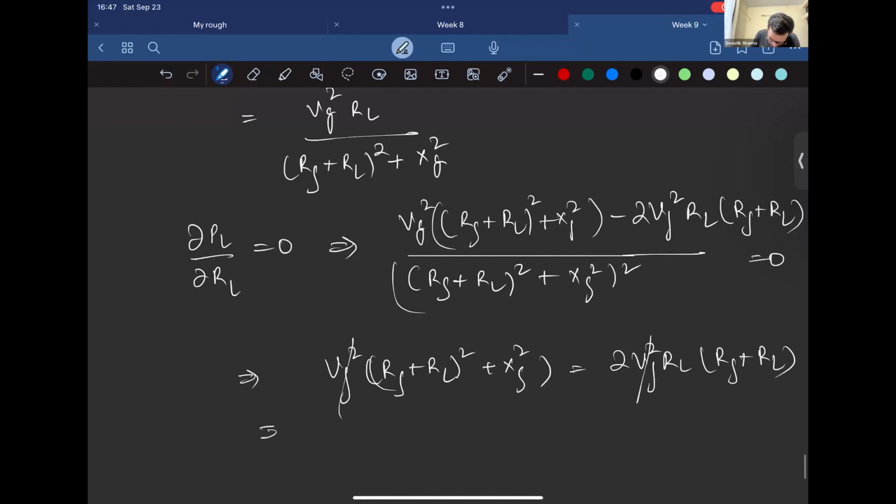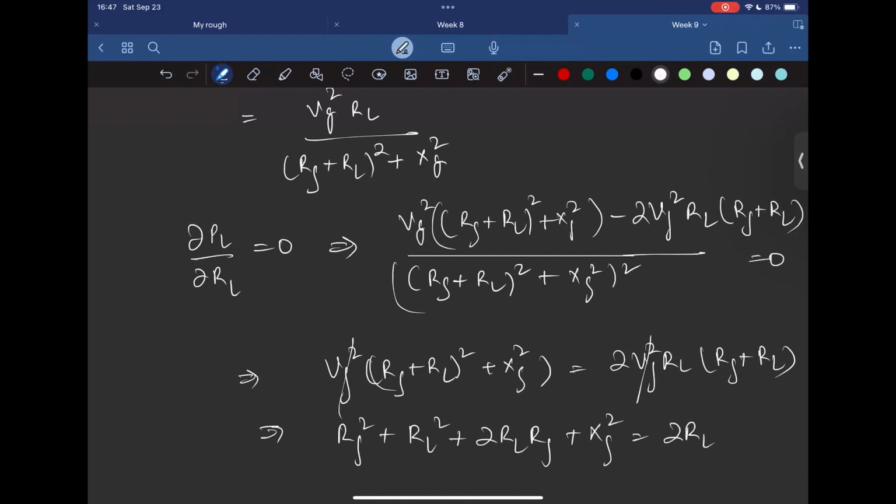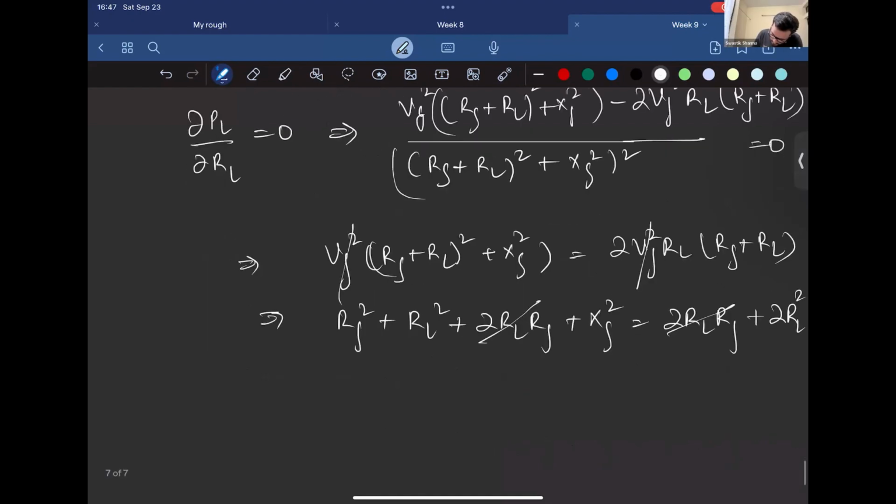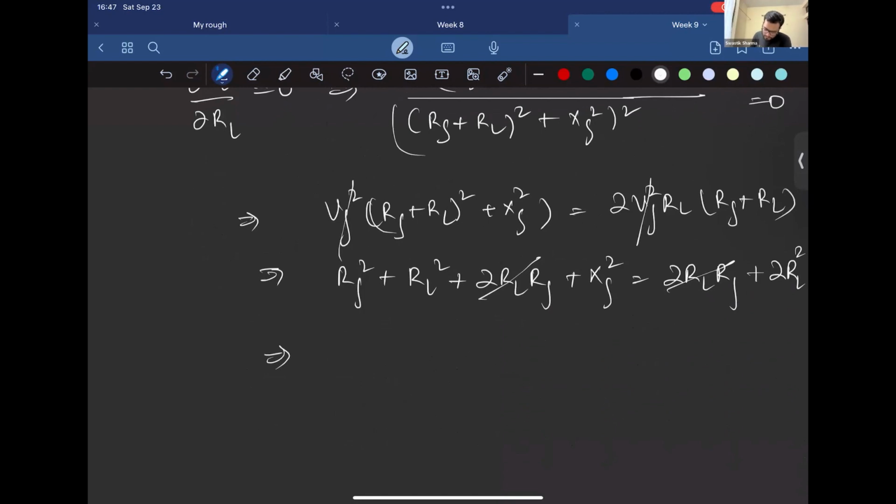Okay, so I'll do it. This is Rg square, RL square plus RL Rg. It will be RL minus RG equal to 0, so RG is equal to RL.